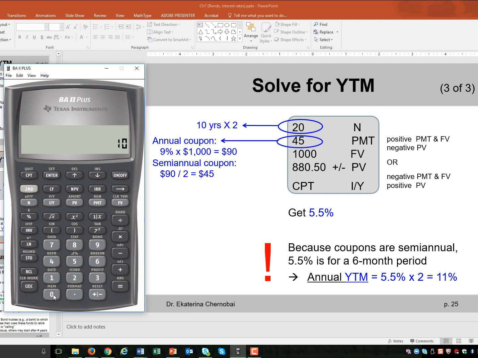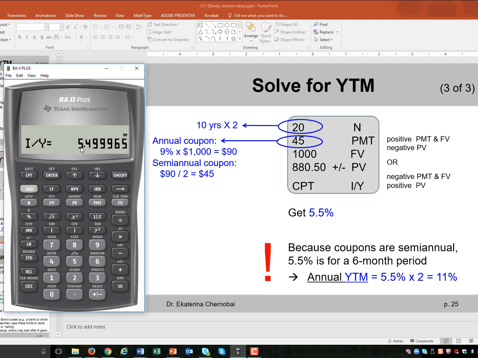So I put 1,000, and without changing the sign, I press FV. And only for the bond price or the present value, I'm gonna change the sign to negative. So I put 880.50 negative PV. And I'm computing IY, compute IY.